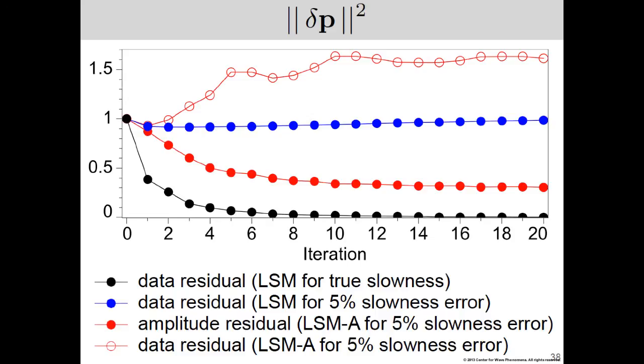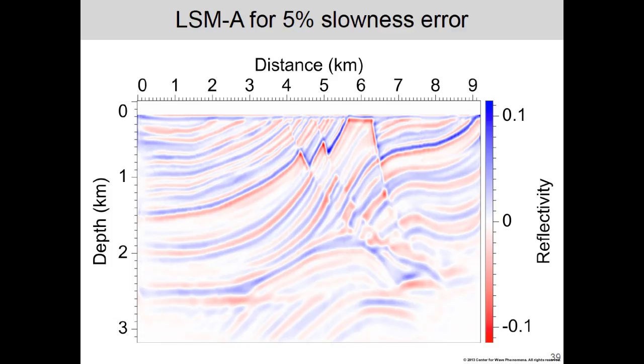In the code for LSMA, nowhere do we actually compute this data residual, which is why you see this perhaps strange behavior compared to the other curves. But what's important is that because LSMA increases the data residual, as this hollow red curve increases, that tells us there is no way you can compute this image using conventional least squares migration, because the goal in conventional least squares migration is to minimize the data residual.